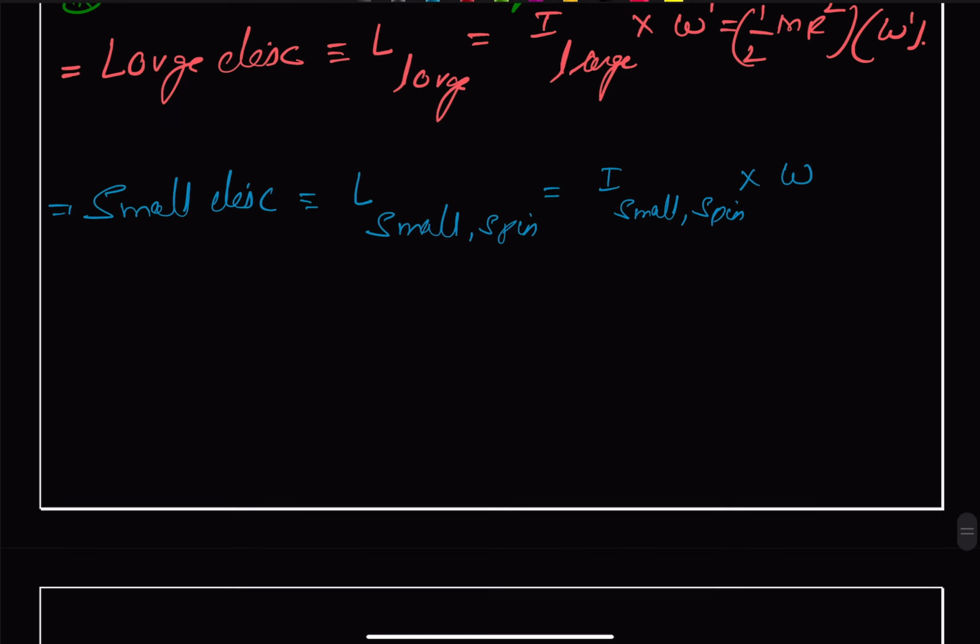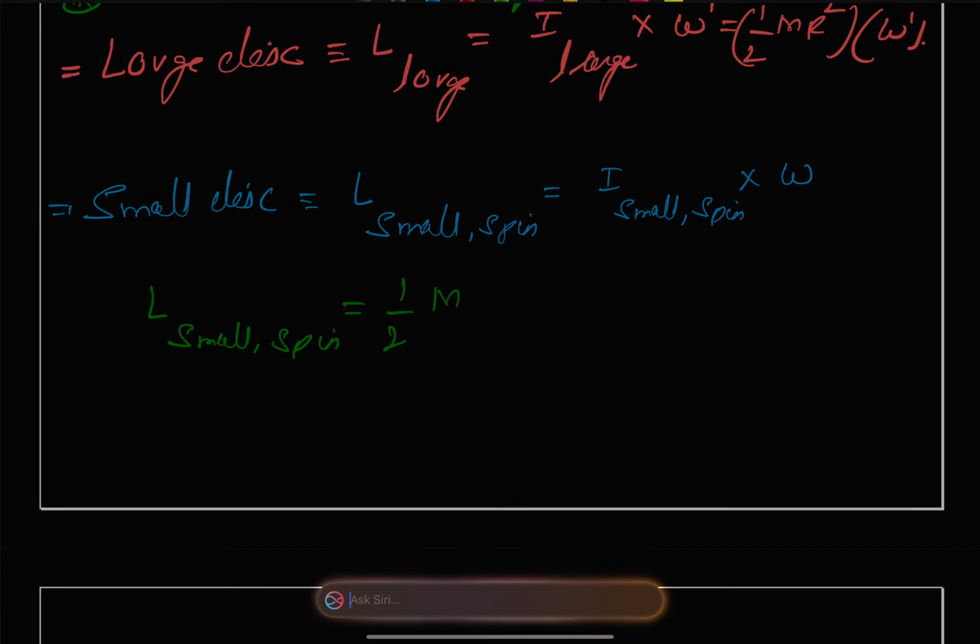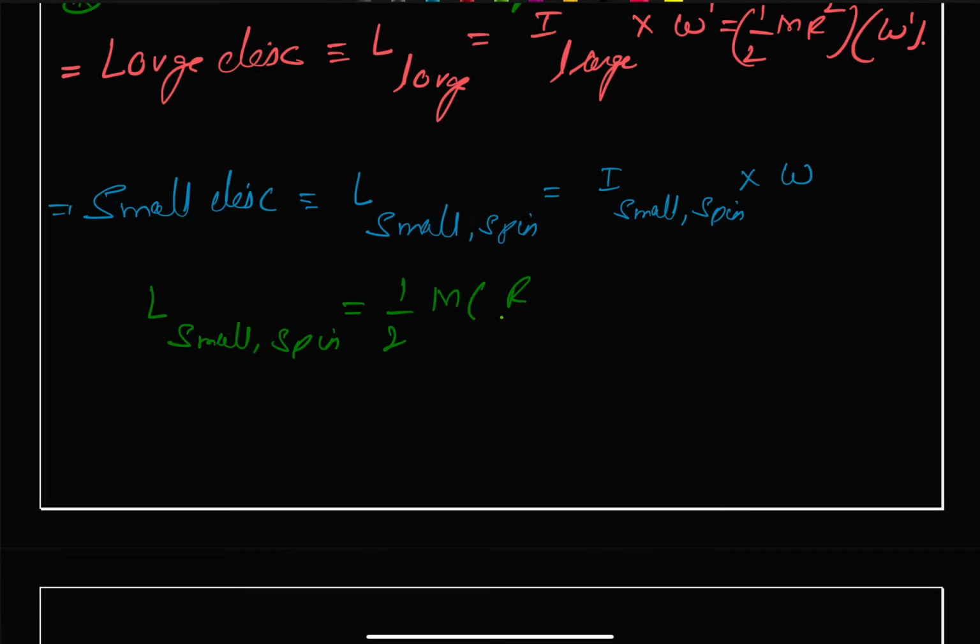Therefore, the angular momentum of the small disk, which is spinning, will be equal to half, mass is m and radius is r by 2 whole square, multiplied by omega, which gives us 1 by 8 m r square times omega.